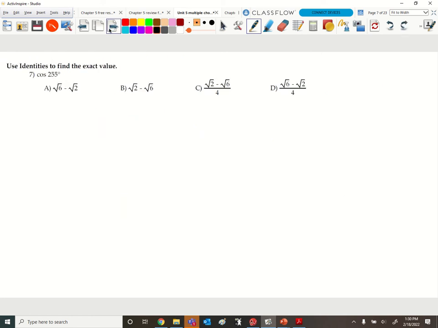Number 7. Use identities to find the exact value. Yeah, I'm going to call this the Aldo, because all you have to do is know how to use your calculator. Plug in the cosine of negative 255. The calculator's got to be in what mode?